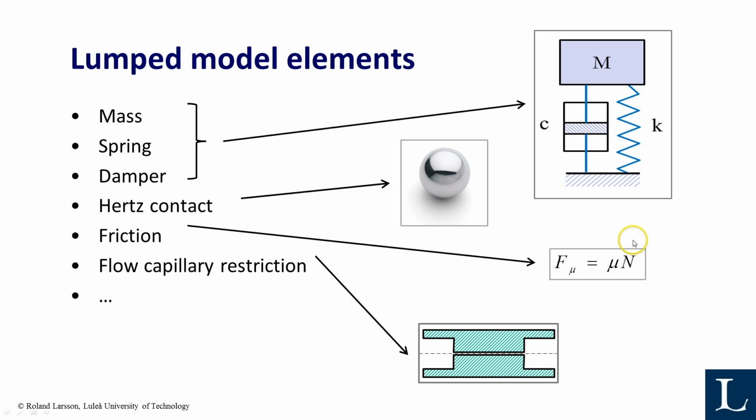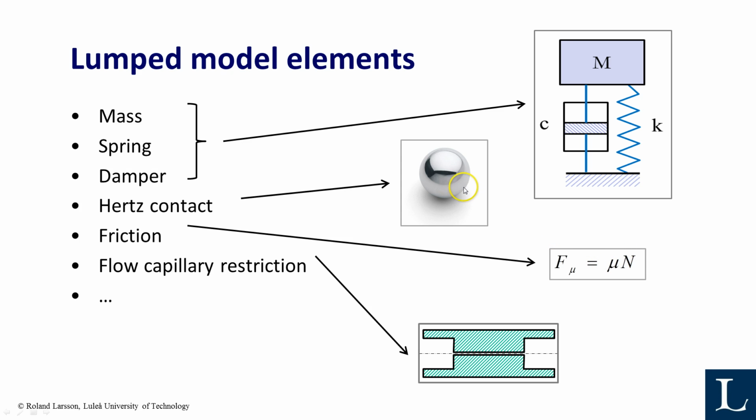Friction, I used friction as a lumped model. It's a typical relationship between the normal force and the friction force. If we have sliding friction, there is at least some kind of approximation where you use a friction coefficient.